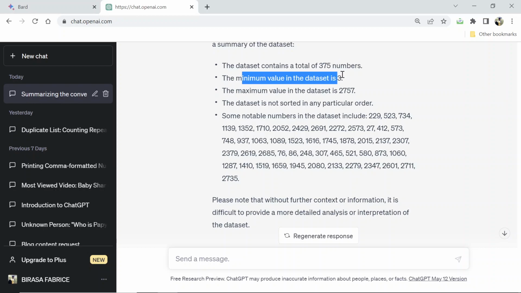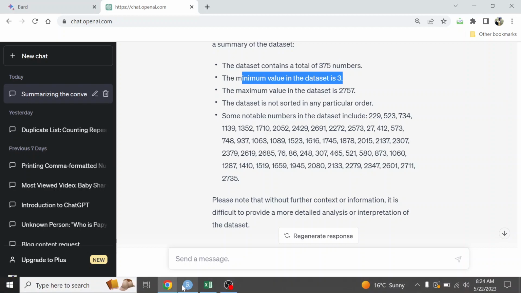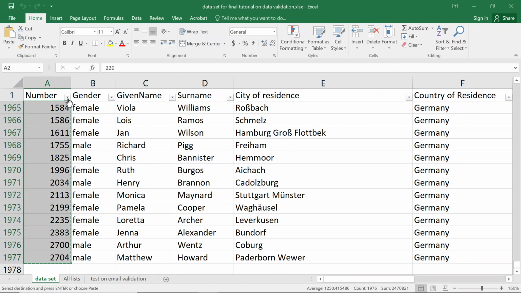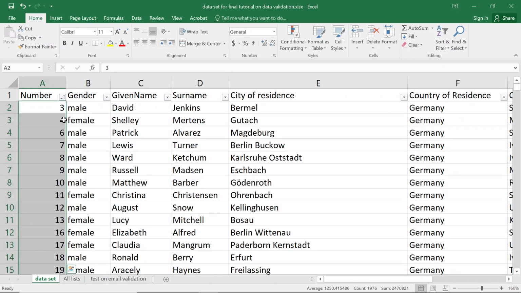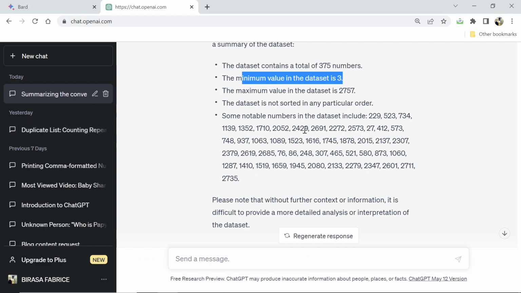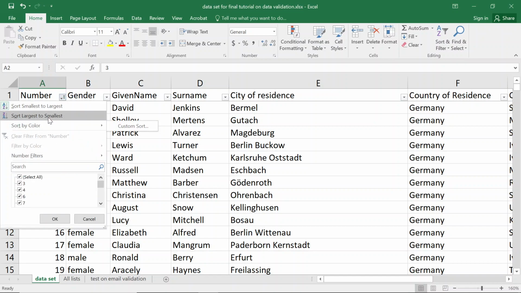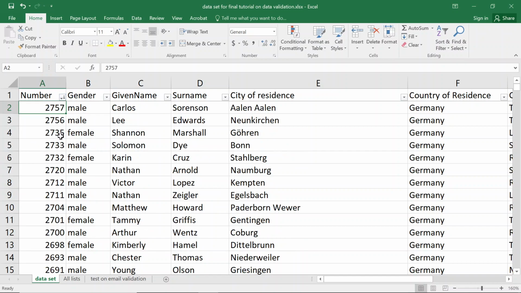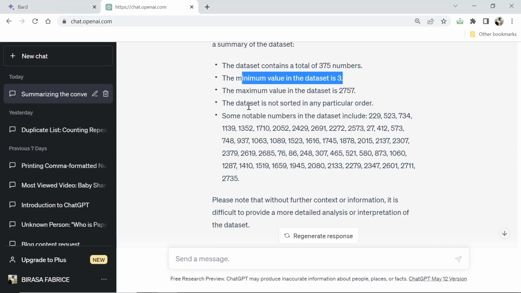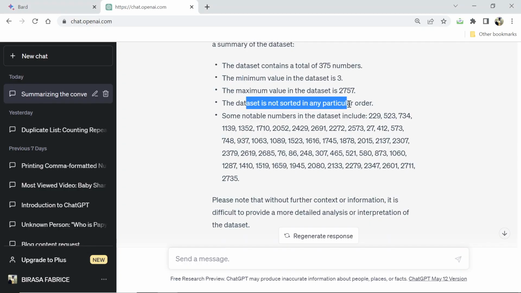It says the minimum value is 3. As you can see, let me arrange my dataset from smallest to largest. It is obvious that ChatGPT is right about that. The maximum value is 2757. Let me see. Yes. The dataset is not sorted in any particular order. It's correct.